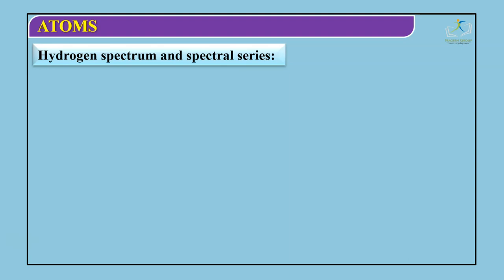Students, we know that in an atom, electrons have discrete and specific energies. There are more energy states in the atom than there are electrons.